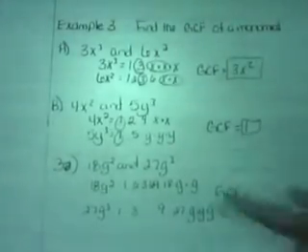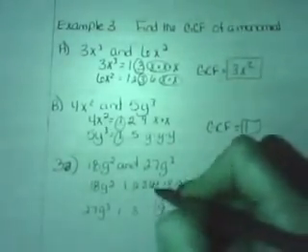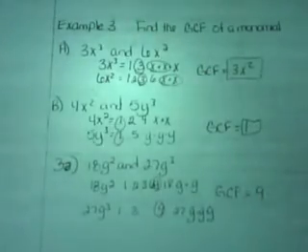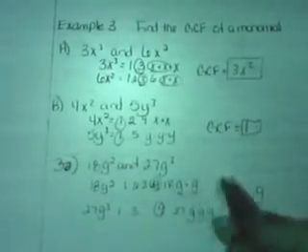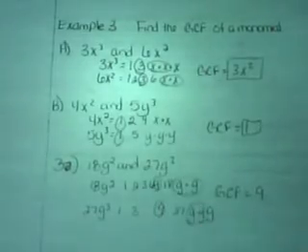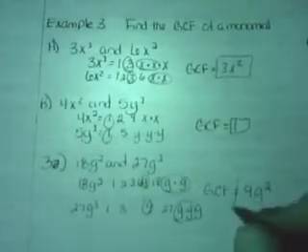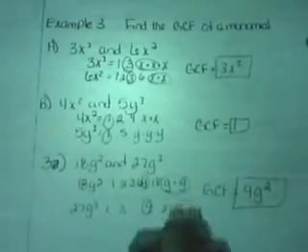So what is my greatest common factor that I see? I see 9. And this has 2 g's, and here we have at least 2 g's. So g times g is g squared.